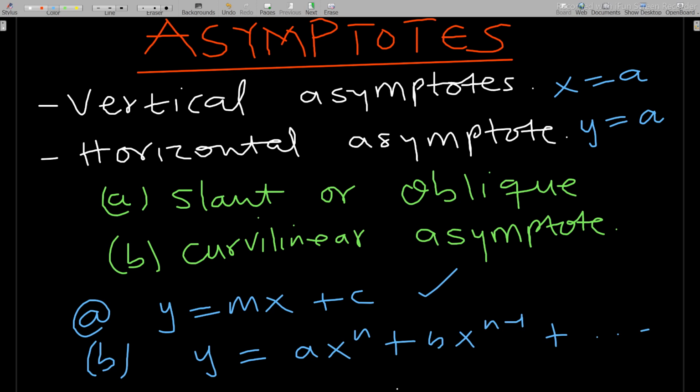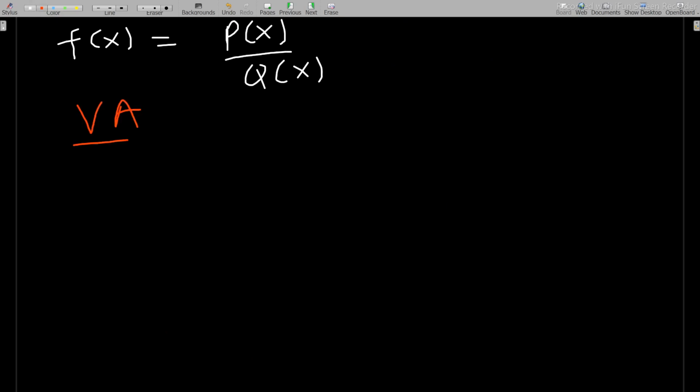So when we say vertical asymptote, what do we mean? If you have a rational function, let's say f of x equals p of x over q of x, then for the vertical asymptote, VA, we want to find the values of x that will make this function undefined.